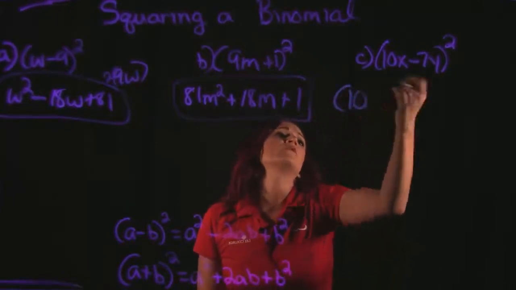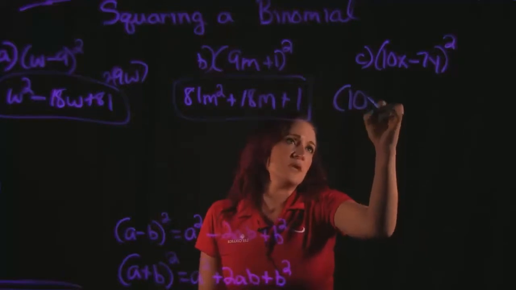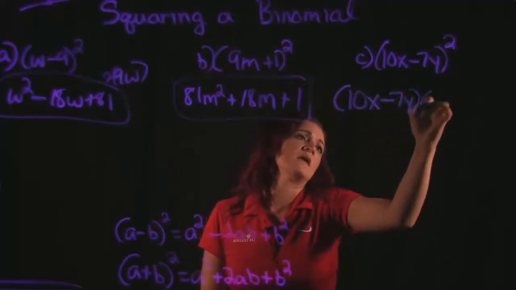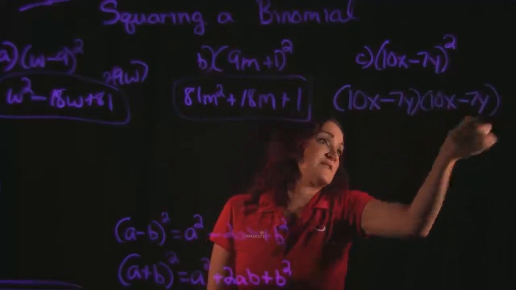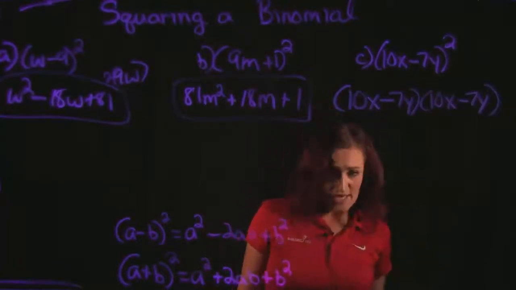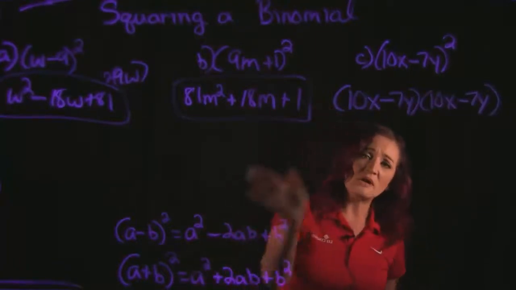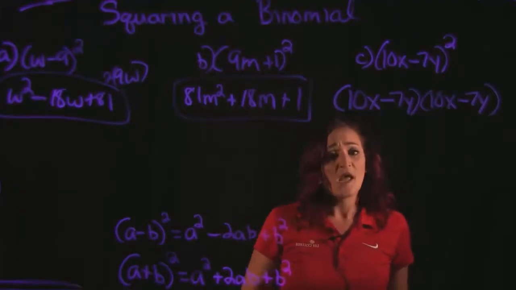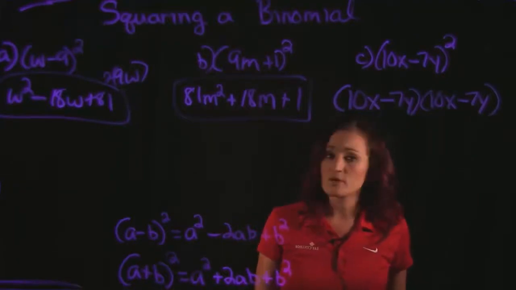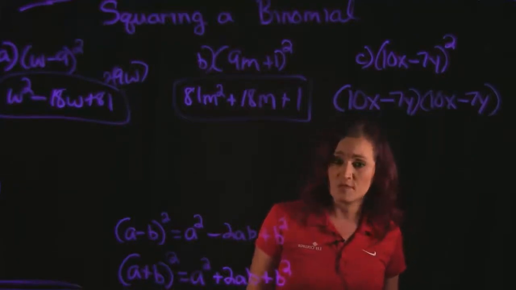So for example C here, I would be doing 10x minus 7y times 10x minus 7y. That's the multiplication that is going on. So I can go ahead and expand the multiplication and either use the distributive property or use the FOIL method to multiply it.